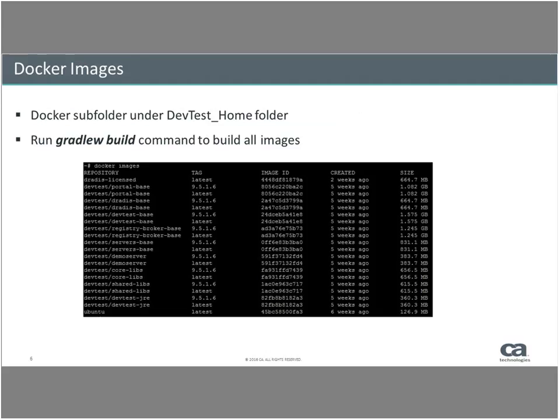Right? The main thing to do is to run the gradlew build command, and that builds all the images, and that's when you see all these images. Right? So we've installed DevTest on Linux, then we go to the Docker folder, run the gradle command, that builds all the images for you. At this point, let's say you have all the images.